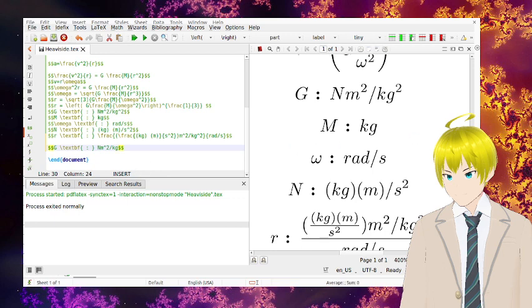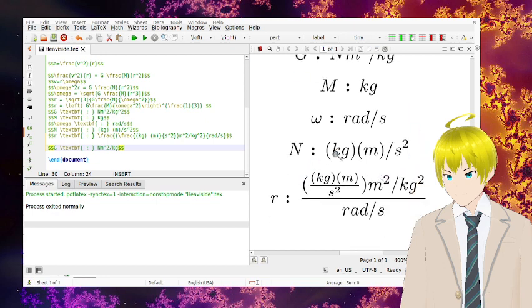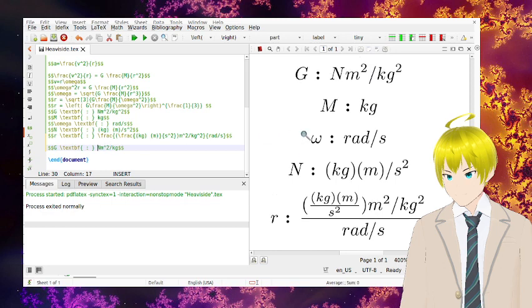No. I think I know the issue. Okay. I can't get lost here. I have to do the algebra correctly. Okay. G equals meters cubed over kilograms per second squared? Is that really it?